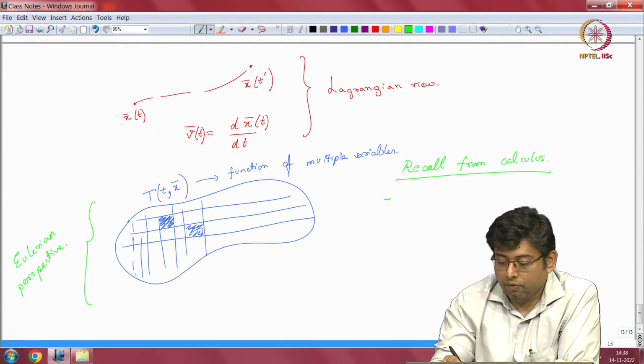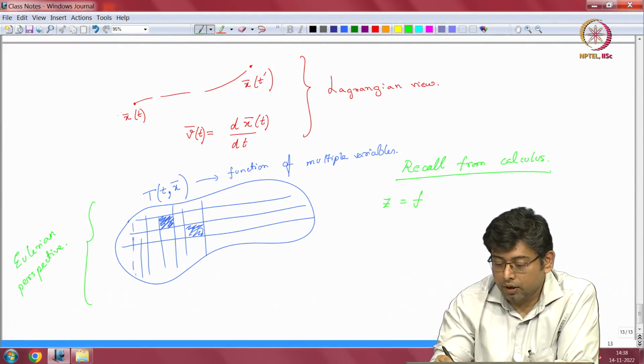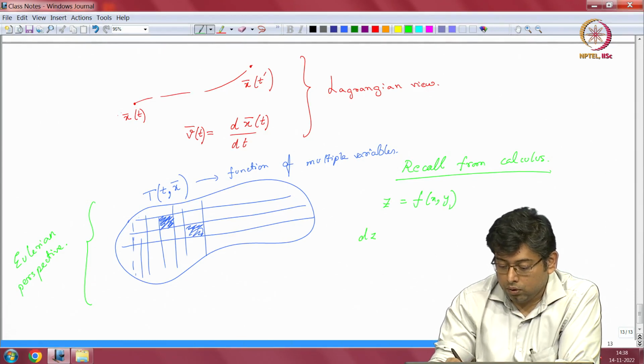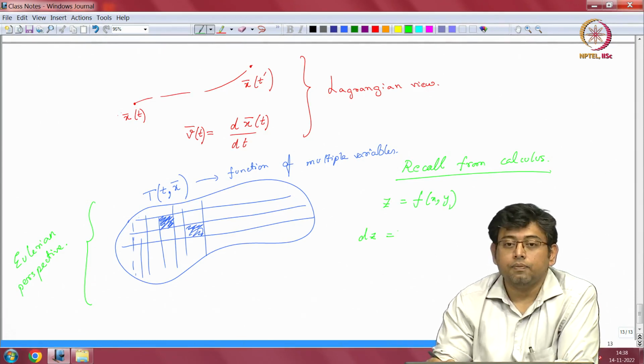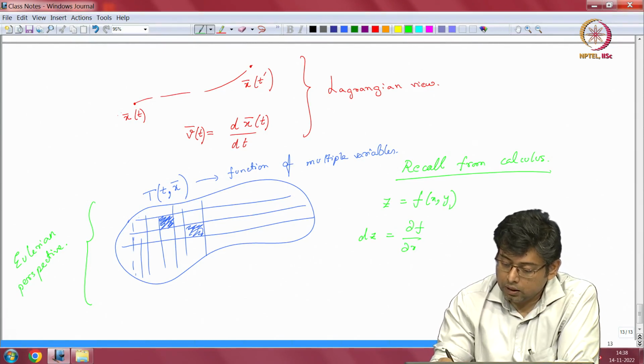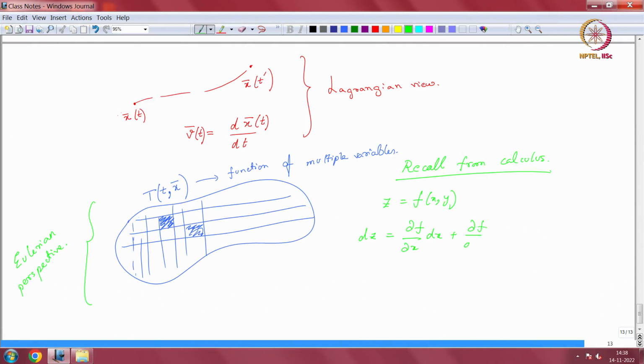If I had a function z, which was, let us say, a function of x comma y, my dz is given as del f del x into dx plus del f del y into dy.